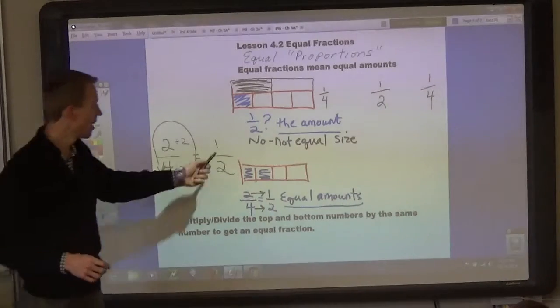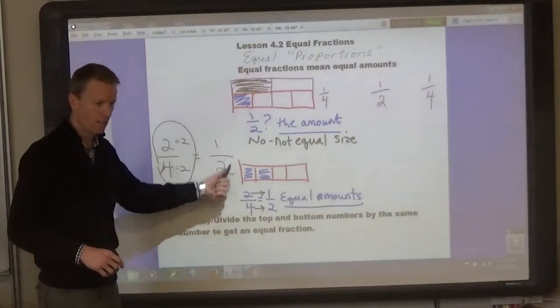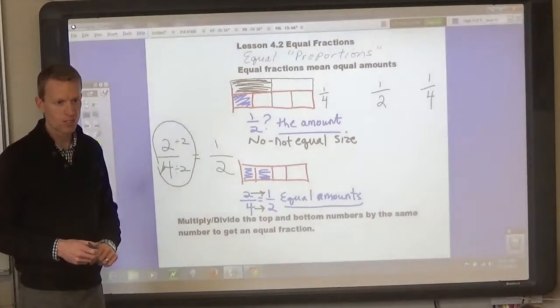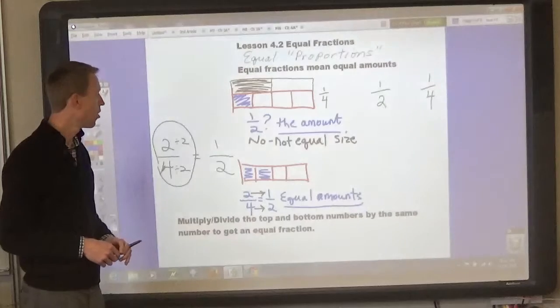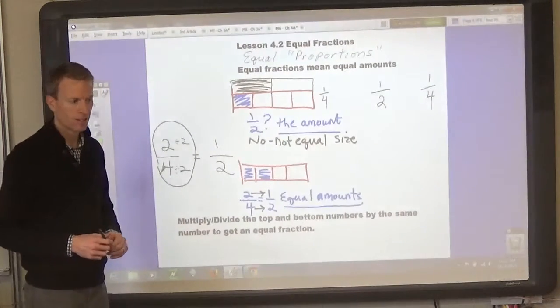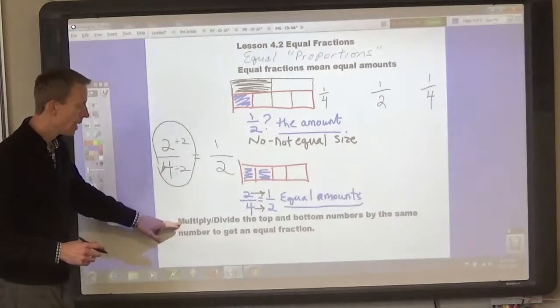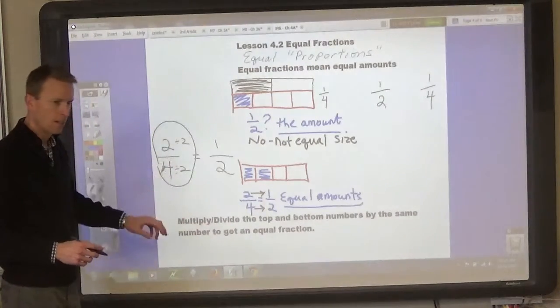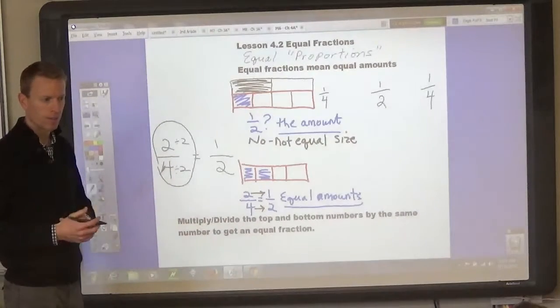There's nothing else that goes into 1 and 2 other than 1. Right? So it's called simplest form. But that's not the only equivalent fraction we can make. Right? We can make any equivalent fraction we want just by multiplying or dividing by a different number.